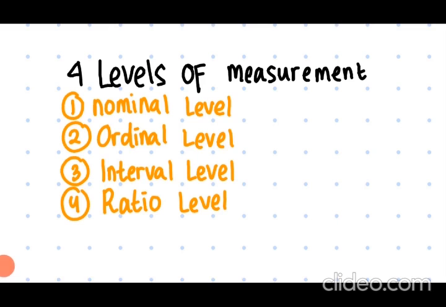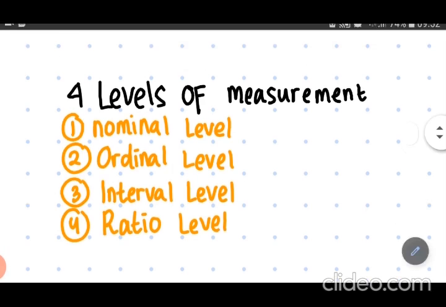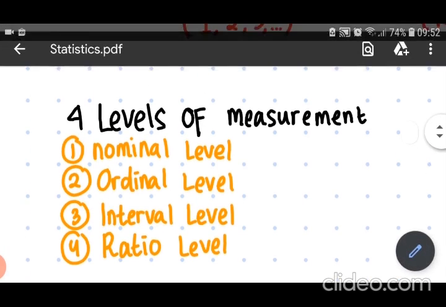It's like interval level, but it has a permanent starting point, which is 0. For example, monthly income for surgeons starts with 0. And the distance traveled by a manufacturer's representative per month also starts with 0.